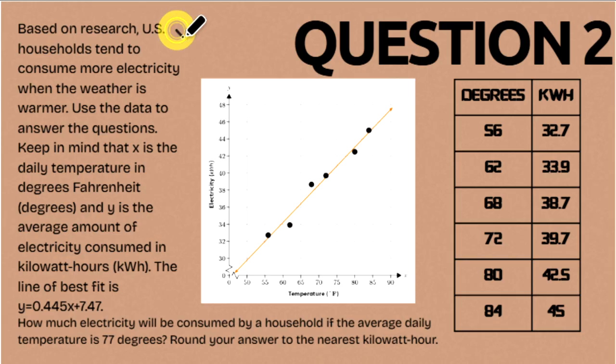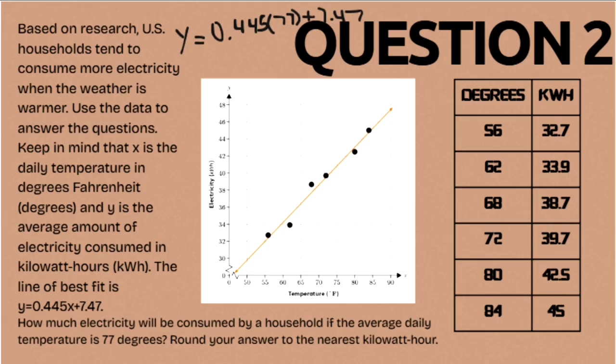Okay, so our formula is Y is equal to 0.445 times X, which is the daily temperature. In this case, it's 77, plus 7.47. Let's bust out my calculator.